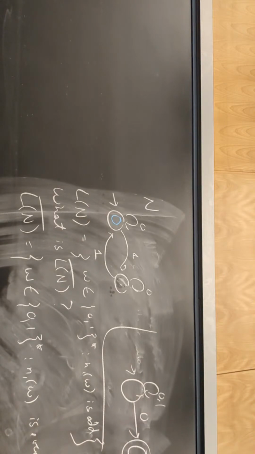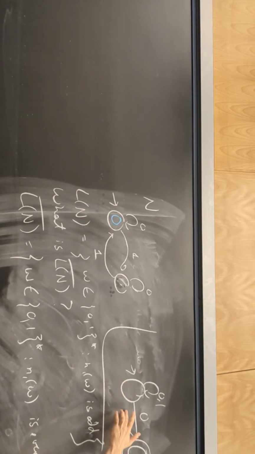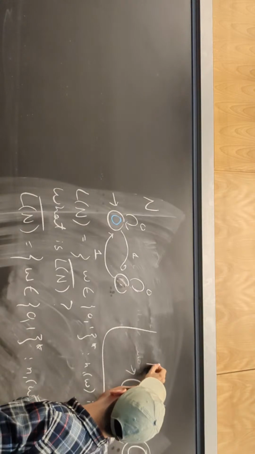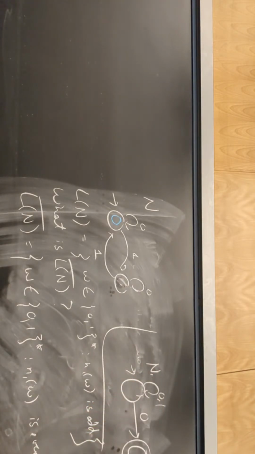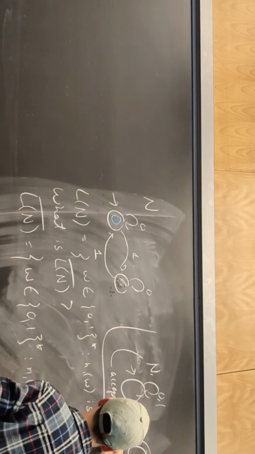So this is an NFA. It accepts all the strings that end in 0. If the NFA receives an input string that ends in 0, then it goes to an accept state. Now, if I do this conversion trick, I get something like this. This is N1, N2, so this accepts W that ends in 0.